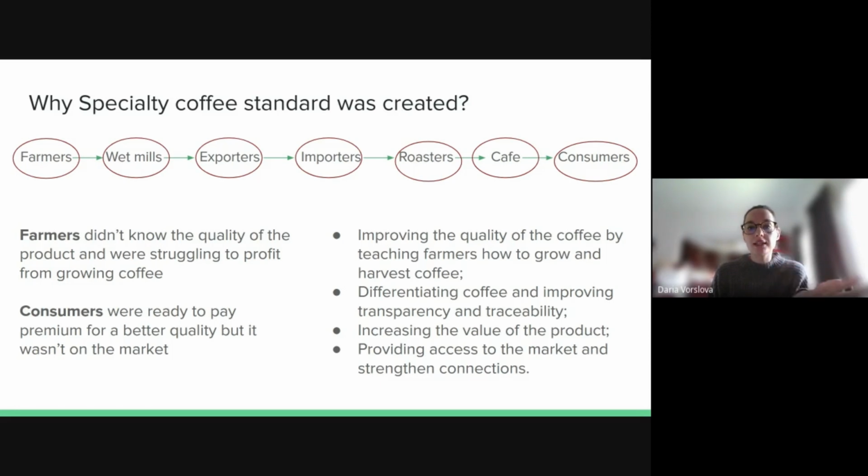And providing access to the market and strengthening connection. This is actually a super important part of the job of the Coffee Quality Institute.